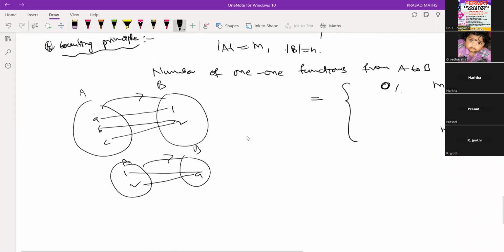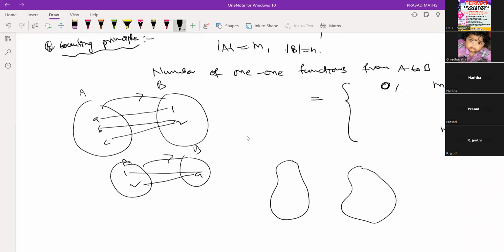Now tell me, m less than or equal to n. What is the formula? This is A, this is my B. This is a1, a2, up to am, and b1, b2, b3, up to bm, bm plus 1, going on to bn, because m is less than or equal to n.